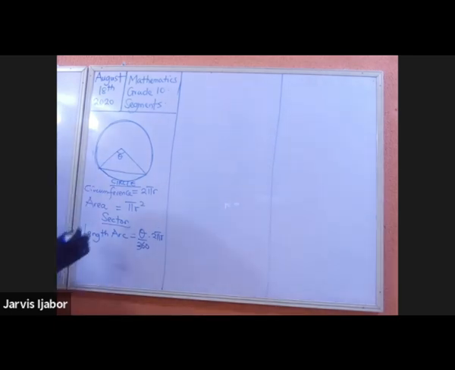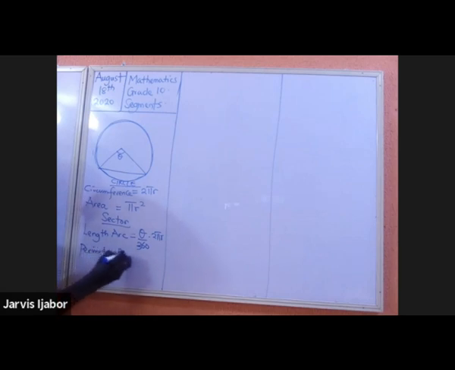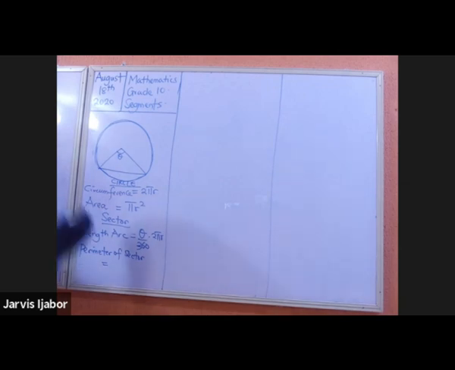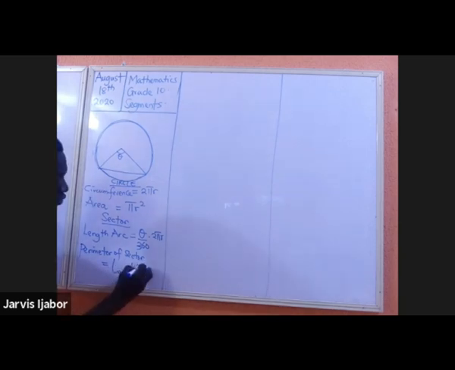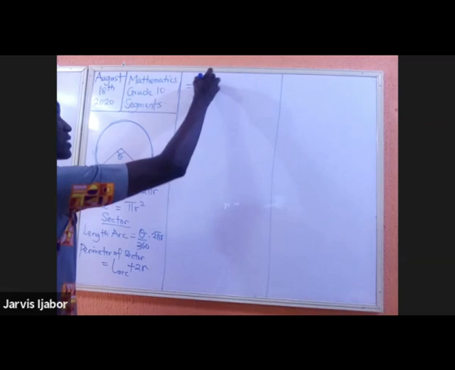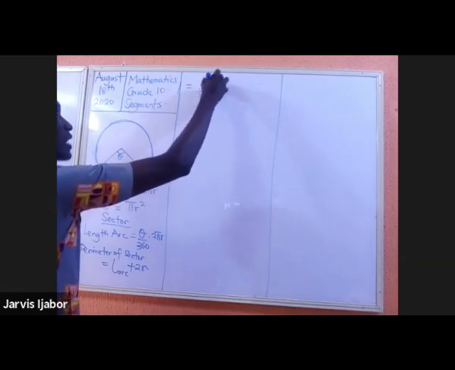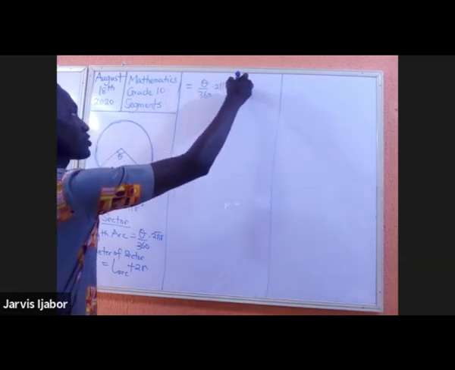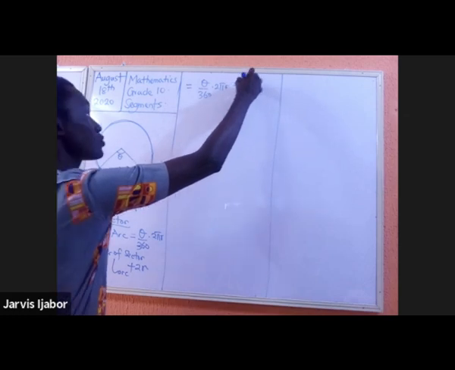So what then is the perimeter of the sector? The perimeter of the sector is the length of arc plus 2 radii. So practically that will be theta over 360 times 2 pi r plus 2r.